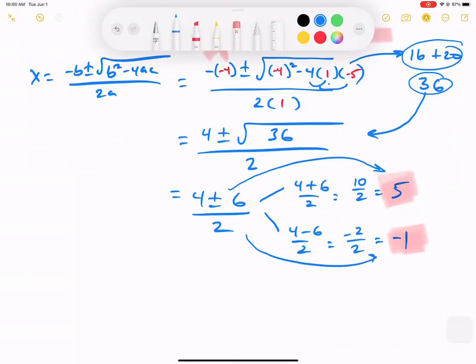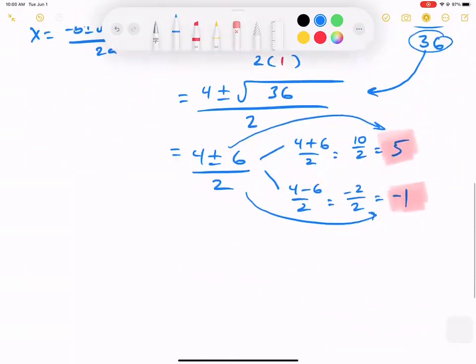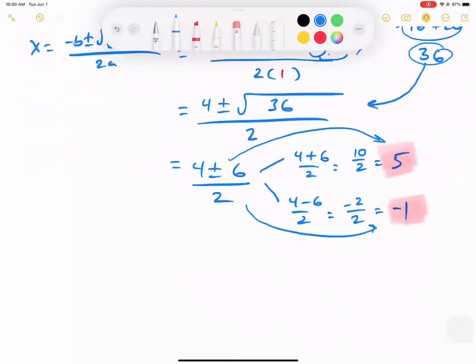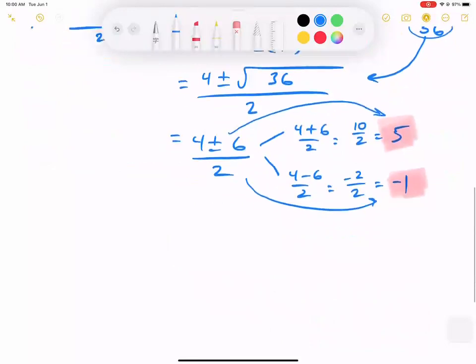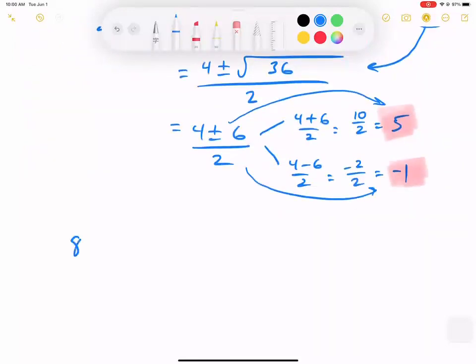And here's a problem that we're going to work on. Let me pull up a problem here. So we're trying to solve it. And the problem is 8x squared plus 8x plus 2 is equal to 0.